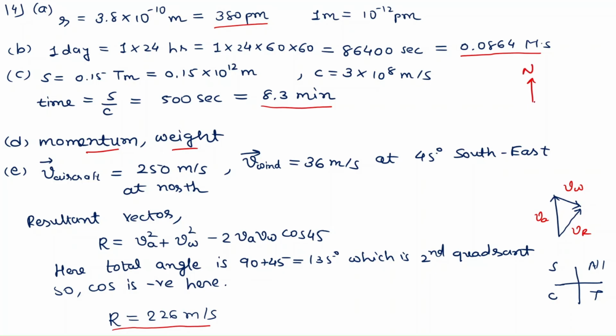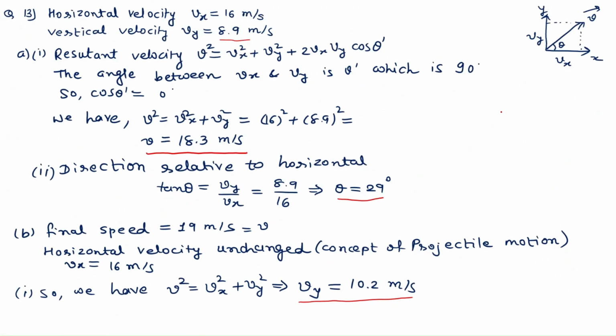Let me define the directions north, south, west, and east. The aircraft is heading towards north, and the wind is from the northwest.